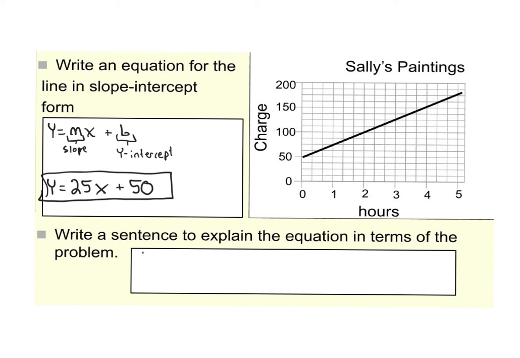You might say, Sally charges a $50 flat rate or a $50 startup fee. I'll say maybe deposit. How about that? Sally charges a $50 deposit, and then $25 per hour for her painting.